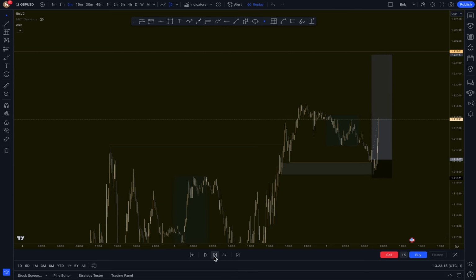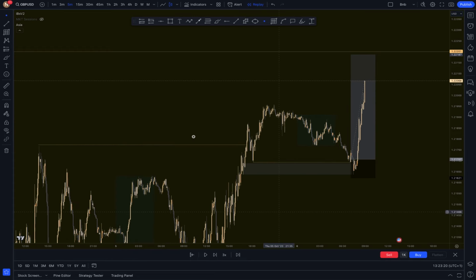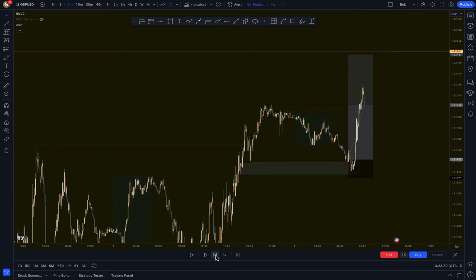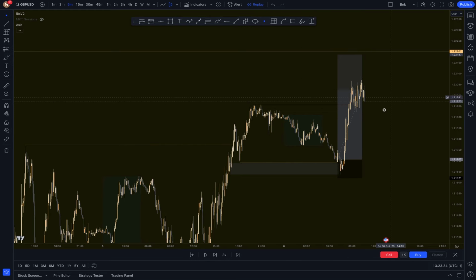So first TP taken, right? First TP gone, and price pulled back. Price actually did a very neat price action here.